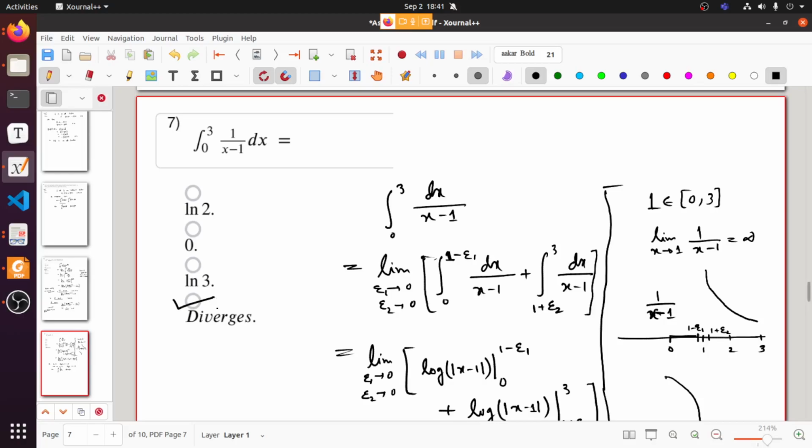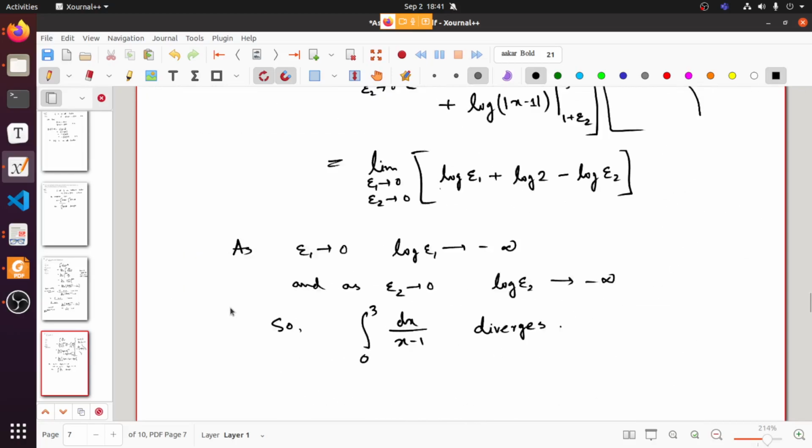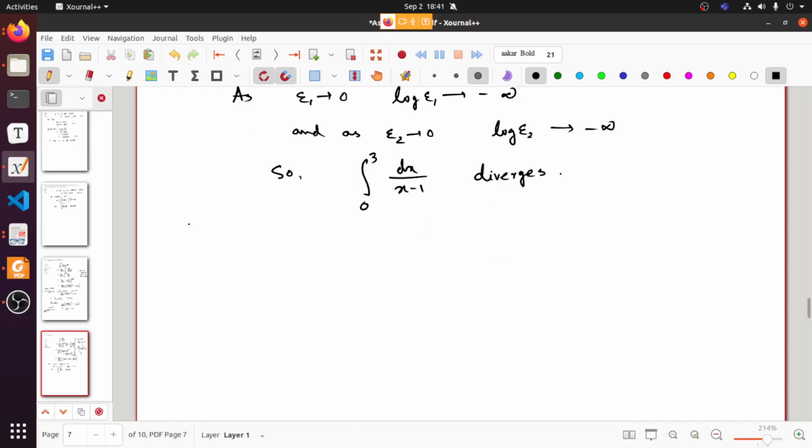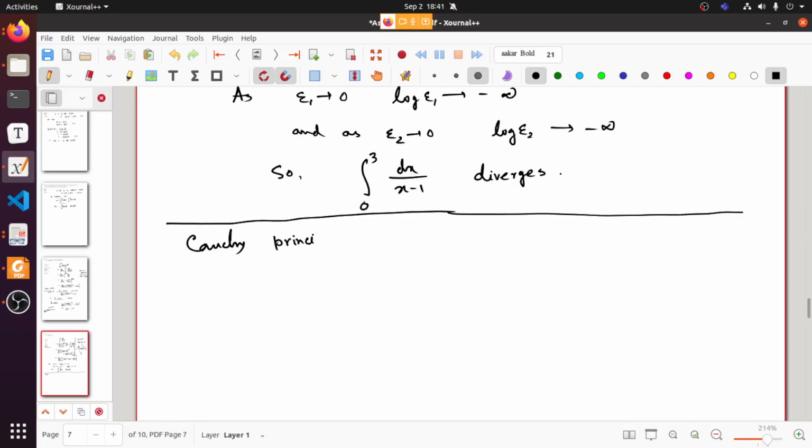Now if you want to compute the principal value, the Cauchy principal value, this is extra that I am saying. In general this integral diverges. Now we come to the Cauchy principal value. For the Cauchy principal value of this integral, how will you break it? You only take the symmetric interval.